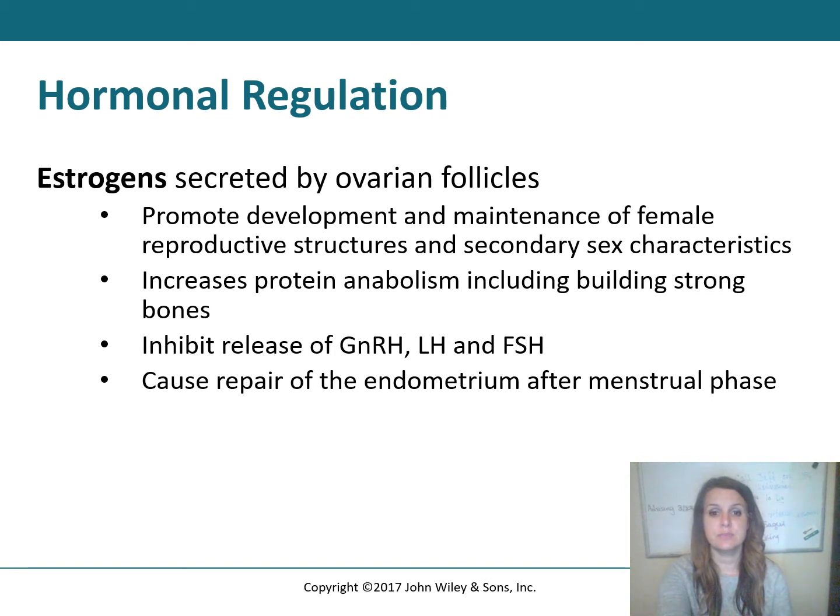They are going to increase protein anabolism, including building strong bones, which is why females are more susceptible to osteoporosis after menopause, because estrogens are not secreted as much after menopause. They're going to inhibit via negative feedback mechanism the release of GnRH from the hypothalamus and LH and FSH from the anterior pituitary. And also, estrogens are going to help repair the endometrium after the menstrual phase of the uterine cycle.